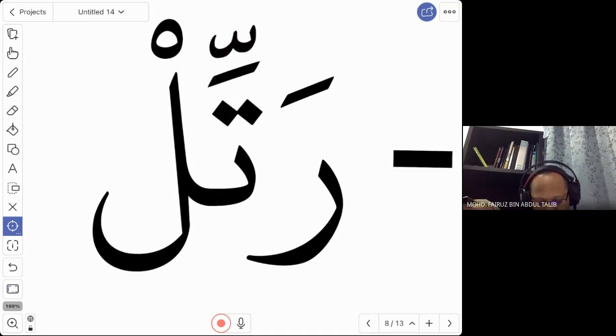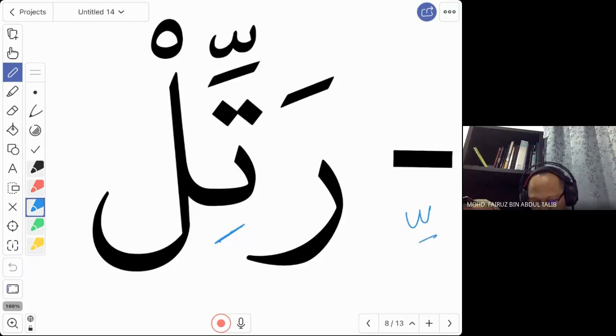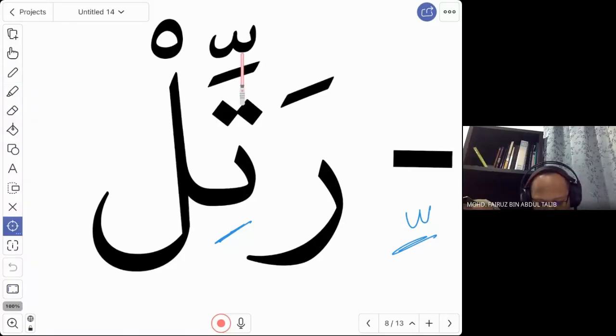So this is similar to this because it is put below the shadda. Yes, good. Remember, just like I said just now, even though it is above da, it looks like a fatha, but since this is below this symbol, this is not a fatha. Instead, this is a kasra.